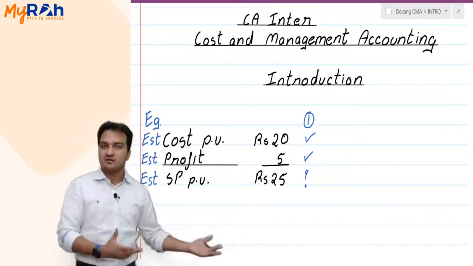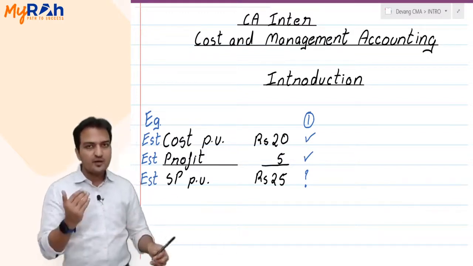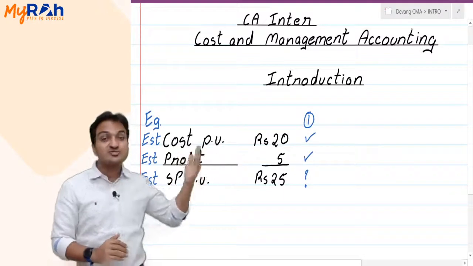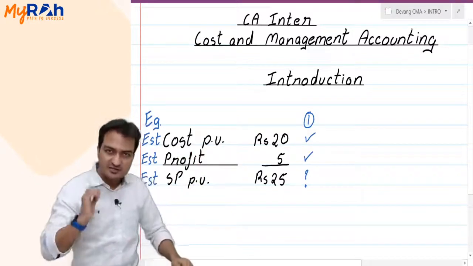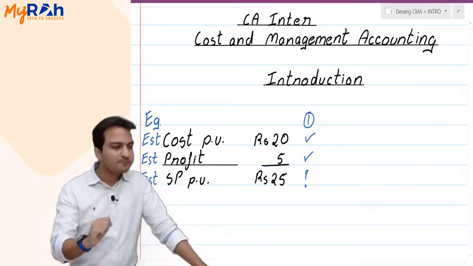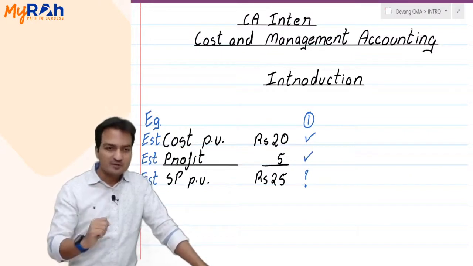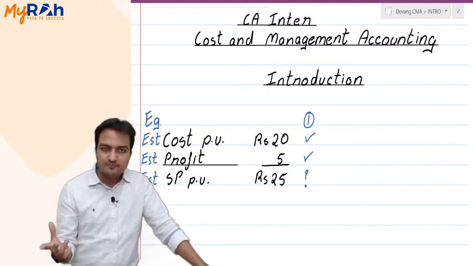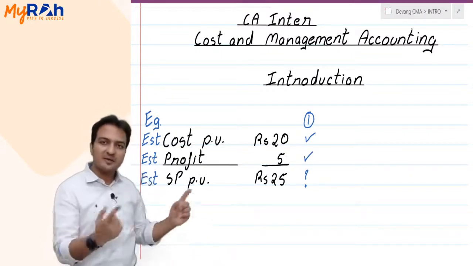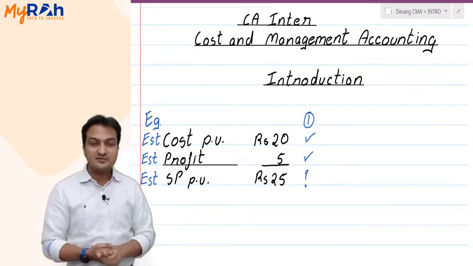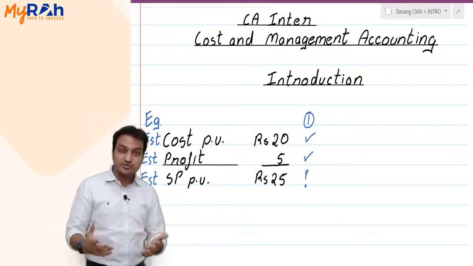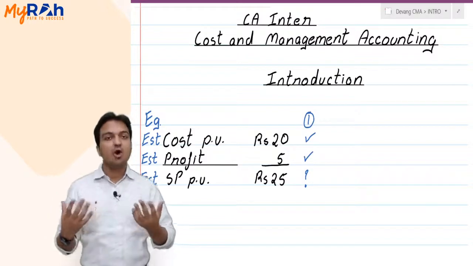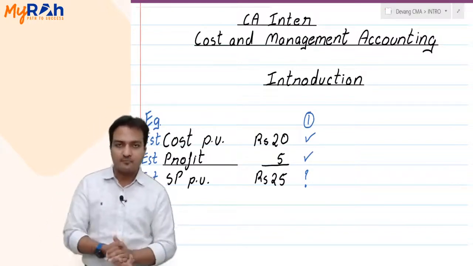Why should I calculate the cost? Because look, here I said that I calculate cost so that I can add a profit and decide a selling price. But tell me, is it possible that in every industry they can calculate selling price like this? Is it possible that in every industry I have the option of deciding my own selling price?